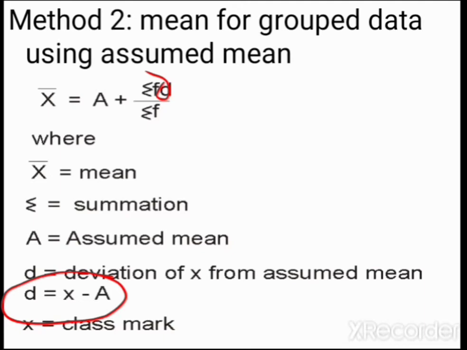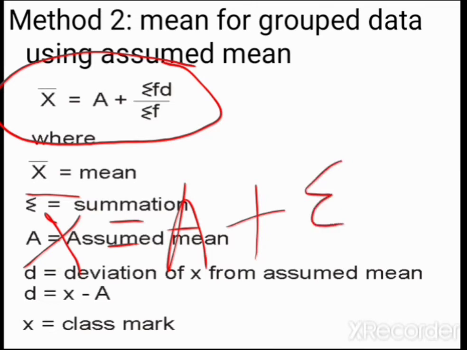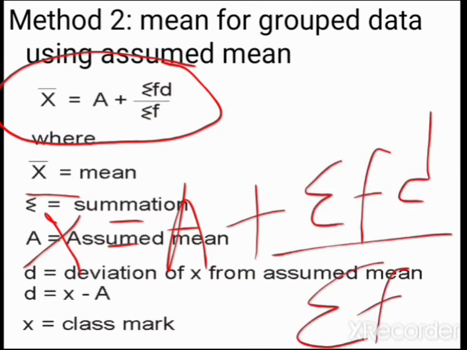So what you simply do is subtract the assumed mean from each of the class marks. Before we proceed, I want you to take the formula to heart: the mean is equal to the assumed mean plus summation F deviation divided by summation F.